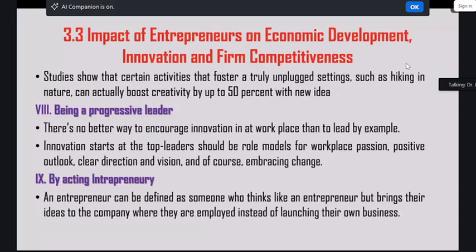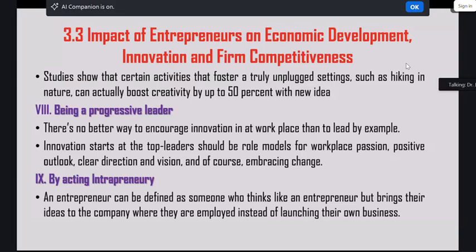So we have those. The other point is being a progressive leader. There's no better way to encourage innovations at the workplace than to lead by example. Innovations always start at the top, leaders should be role models for workplace passion, positive outlook, clear direction and vision, and of course, embracing change. Even if an idea starts from the bottom, it needs support from the top.